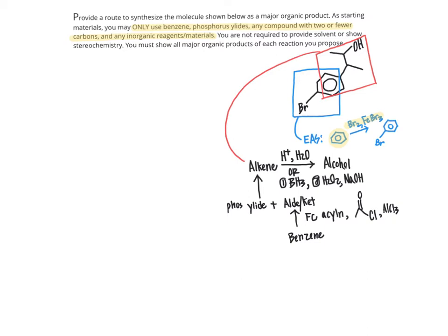Focusing on just that aromatic ring directly bonded to our alcohol here, like so. So how would I go about doing that? And then we'll try to merge that with the simpler half of the molecule here, simpler in terms of number of reactions required, that we can just do an electrophilic aromatic substitution to bring in the bromine.